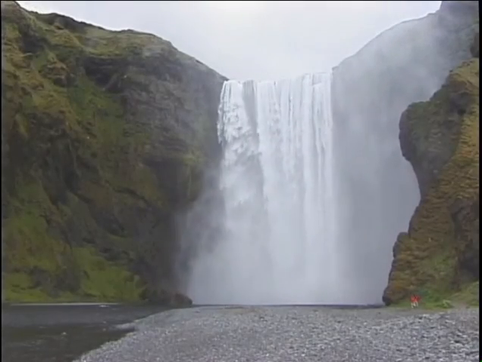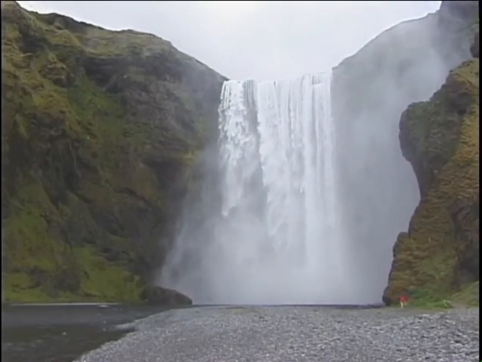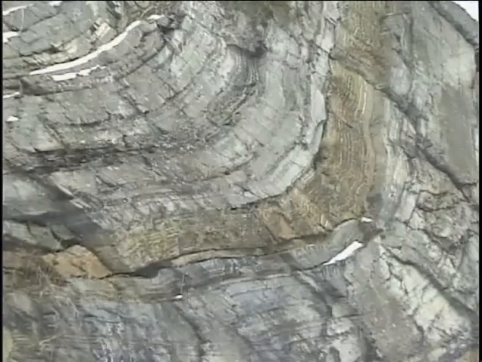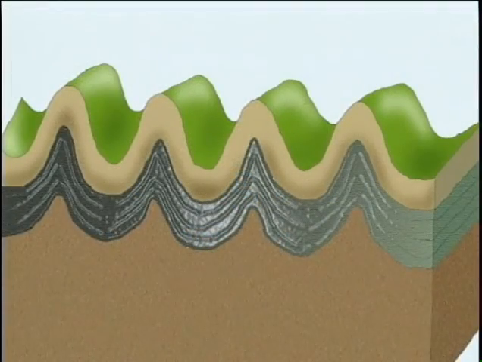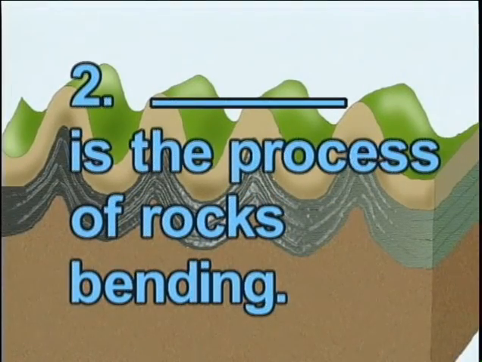Fill in the correct word to complete the sentence. Good luck, and let's get started. Number 1 involves pushing and pulling within the Earth. Number 2 is the process of rocks bending.